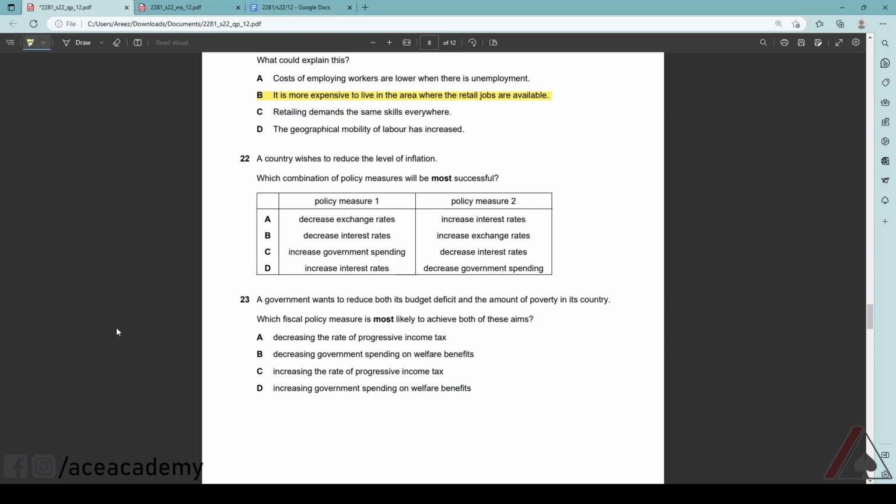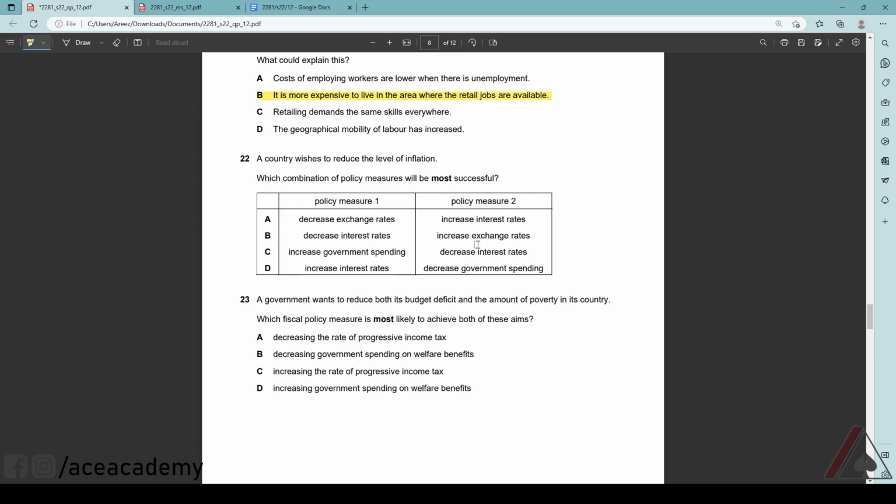B, a decrease in interest rate. If there is a decrease in interest rate, people would borrow more. There's going to be more supply of money in the economy. If there's more supply of money, the value of money would decrease, so there might be a high level of inflation.